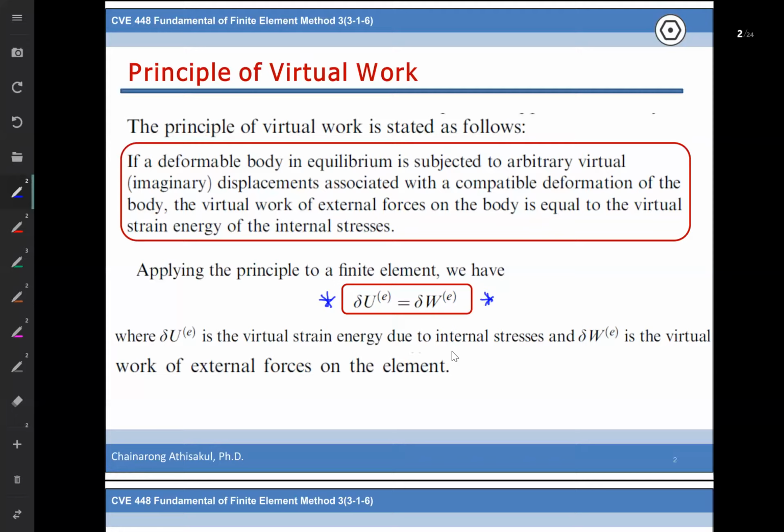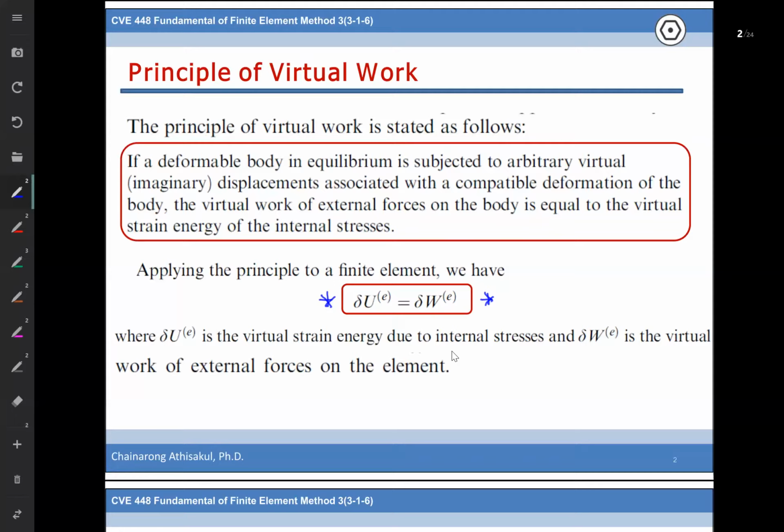If you come back to review engineering mechanics one, we were talking only about rigid bodies. For a rigid body, the principle of virtual work states that the system is in equilibrium if the virtual work done is equal to zero.